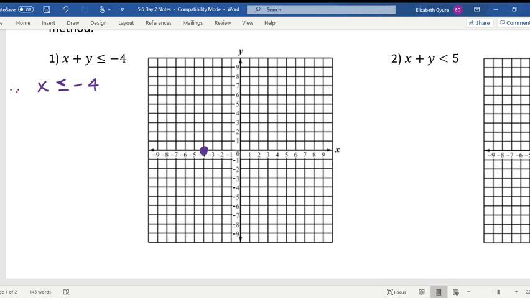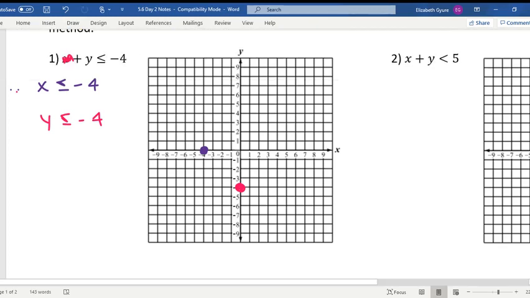If I cover up my y to find my x, what am I going to cover up if I want to find my y instead? Yeah, cover up the x. So then if I cover up the x, I end up with y is less than or equal to -4 again, right? So then on my y-axis, I'm going to put a dot at -4.